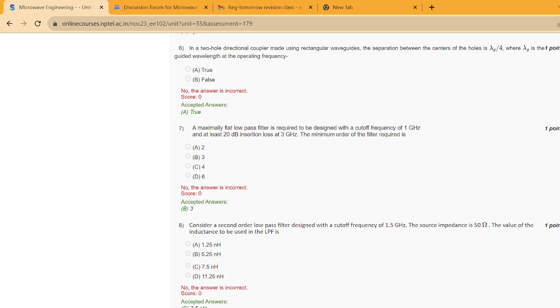But you see the cutoff frequency value is 1.5 gigahertz and the question is on calculating the inductance. So could you get the value for inductance in the same way?